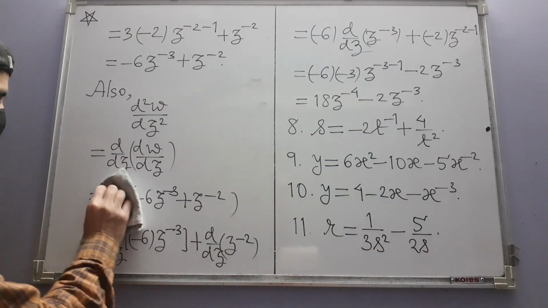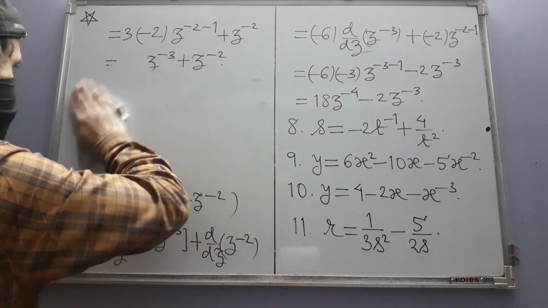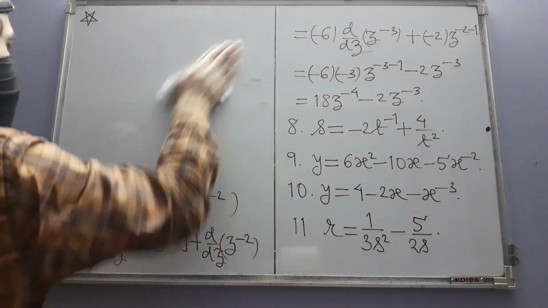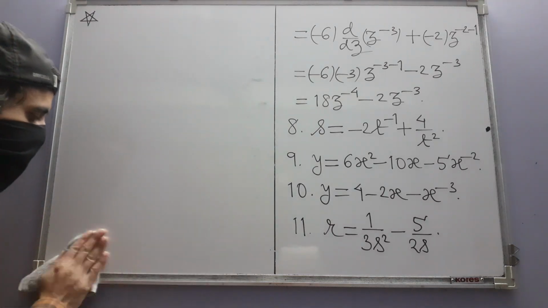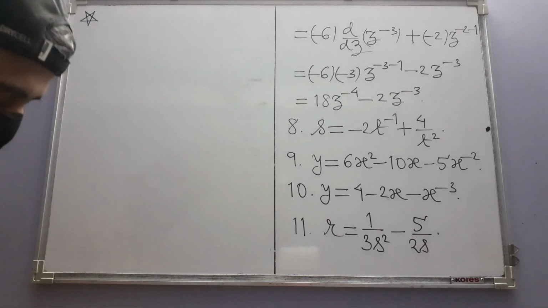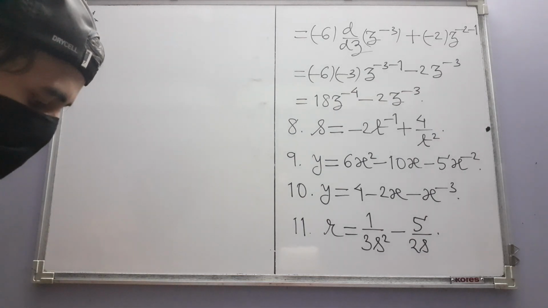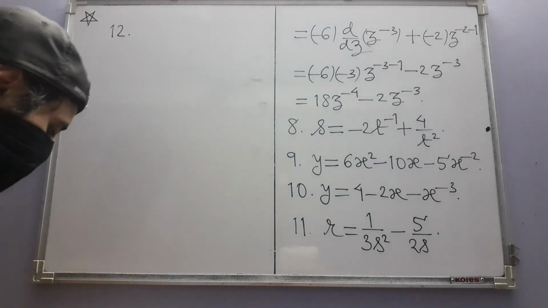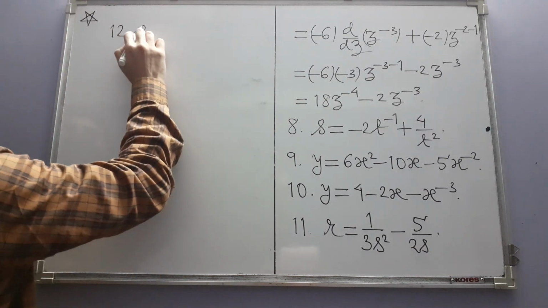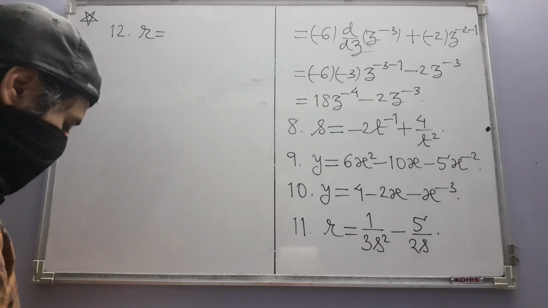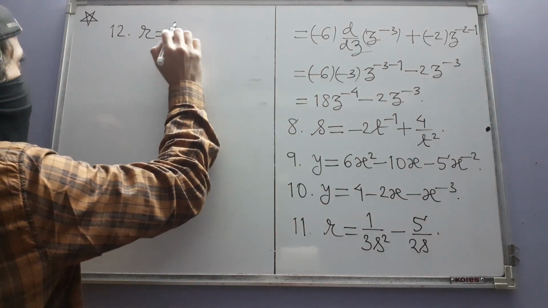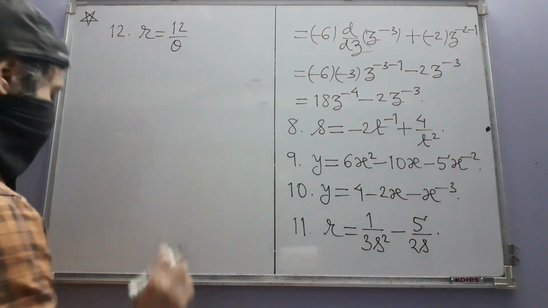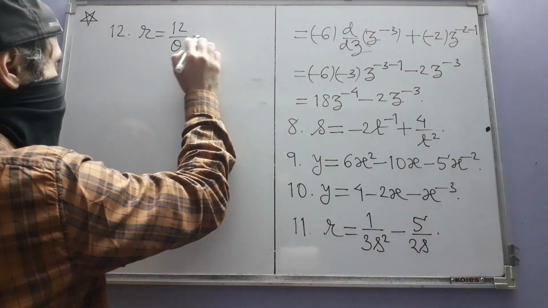And finally, let's see the 12th one. R is equal to, well, divided by, here the independent variable is theta.